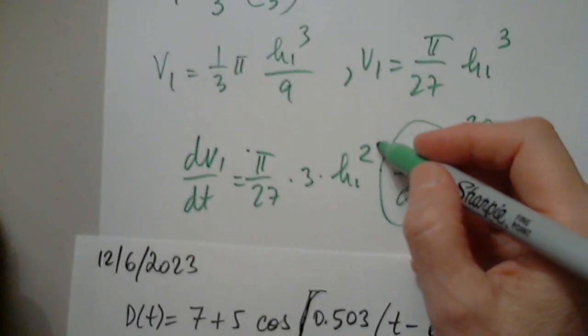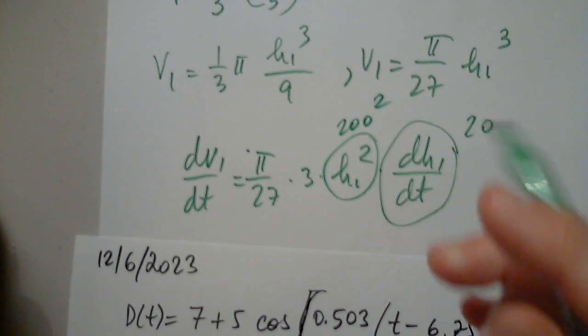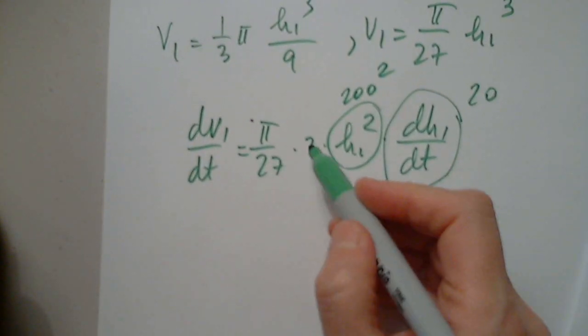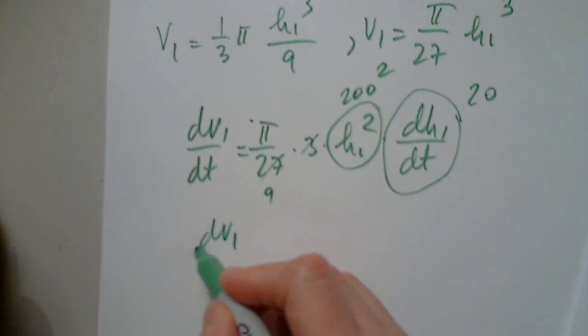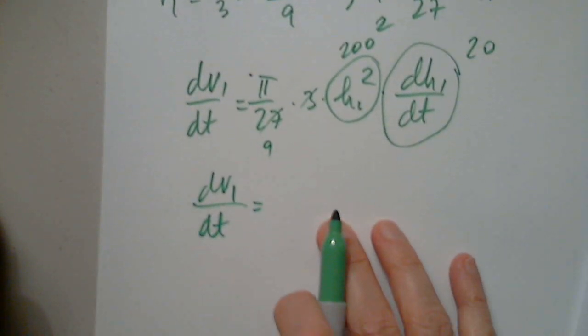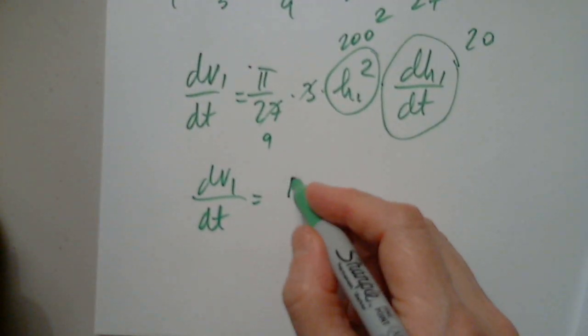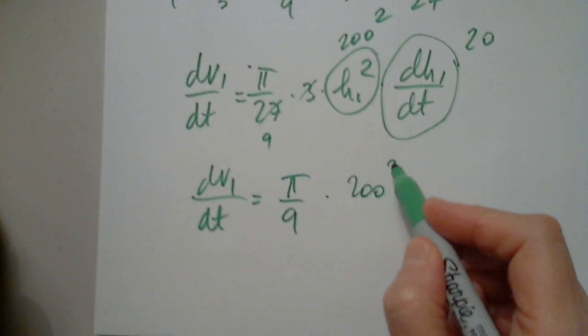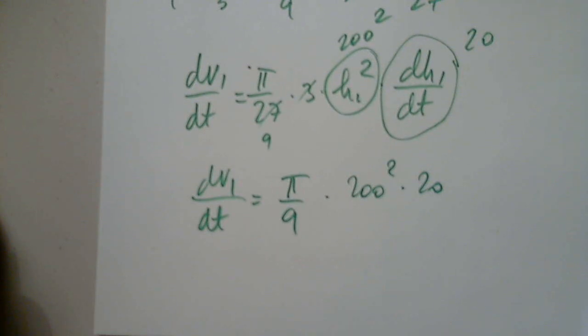H is 200, so this will be 200 squared. So dV1 over dt equals pi over 9 times 200 squared times 20.